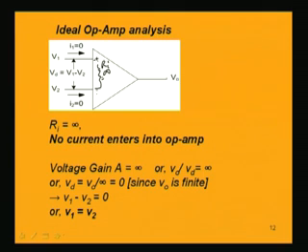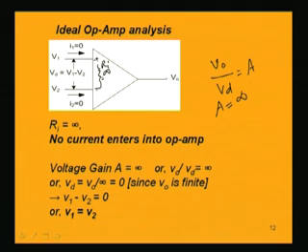Now, another characteristic of an ideal op amp is that the gain is infinity. If the input voltage is the difference voltage V d and the output voltage is V naught, then this ratio is the gain of the op amp, which is A. Now, as A is infinity for an ideal op amp and V naught is finite, we are getting a finite voltage at the output.